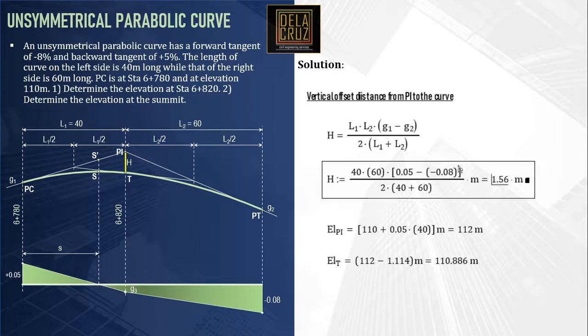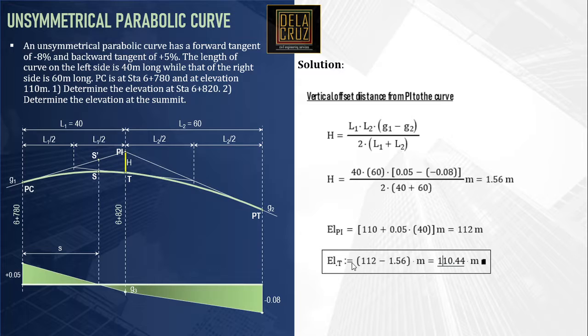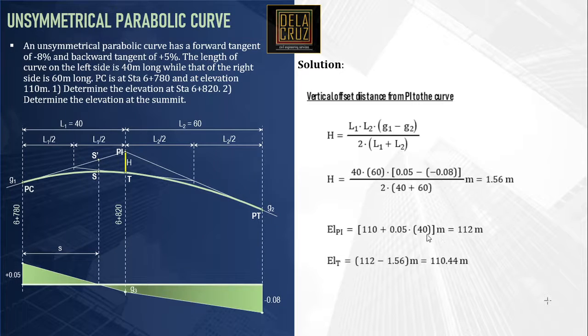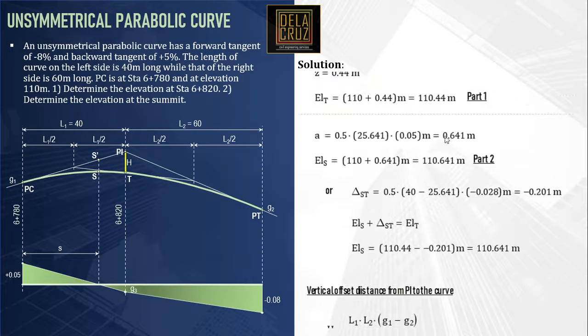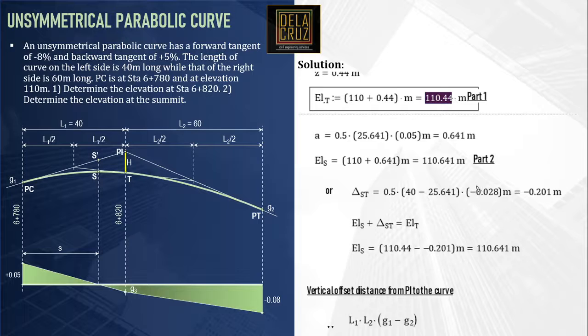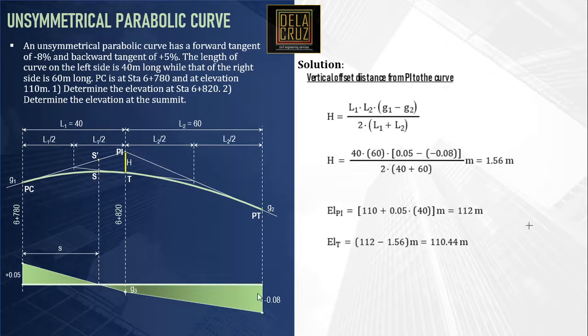So, H is 1.56. Let me just change this one. 110.44. So, this is the same as what we calculated using the grade diagram, 110.44.